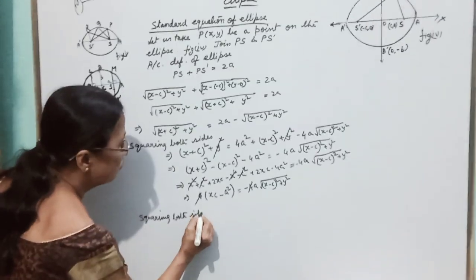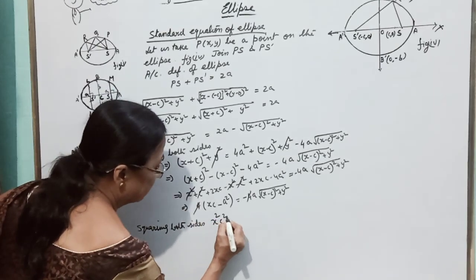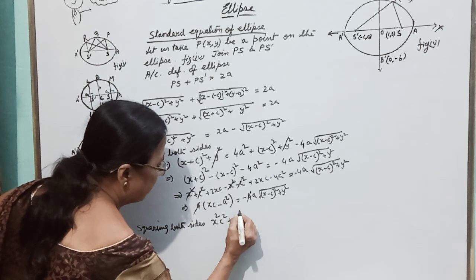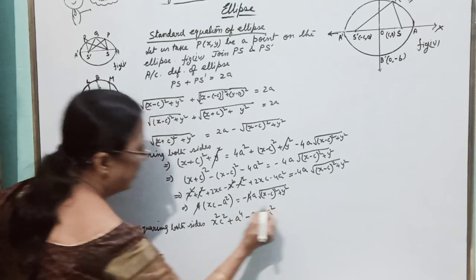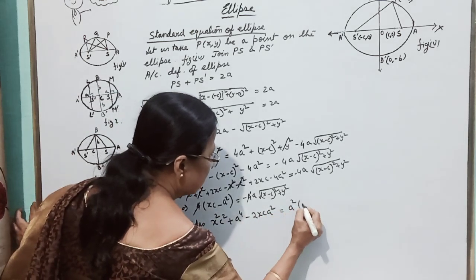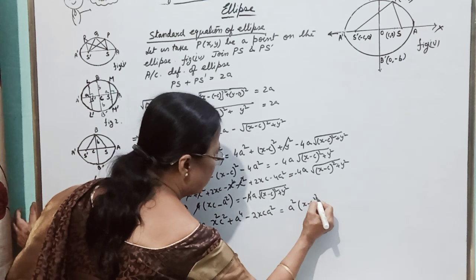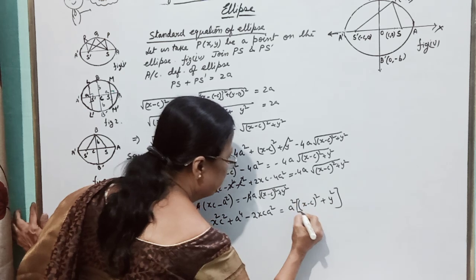Squaring both sides we get x square c square plus a to the power 4 minus 2xc a square, and this is equal to a square into x minus c whole square plus y square. Obviously this a square will be multiplied.